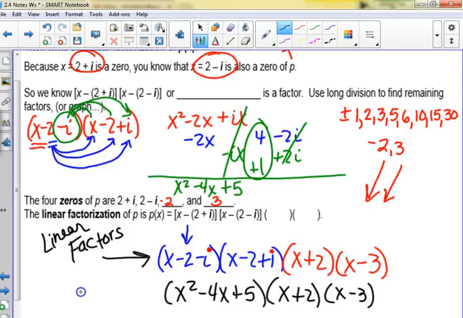When it says find the linear factorization, you have to keep going until you have x's only. This is, we'll say prime, if you can leave it as prime factors, because this does not factor further, right? No, it doesn't, because its zeros are 2 plus i and 2 minus i. Okay? That's the difference in those. All right.